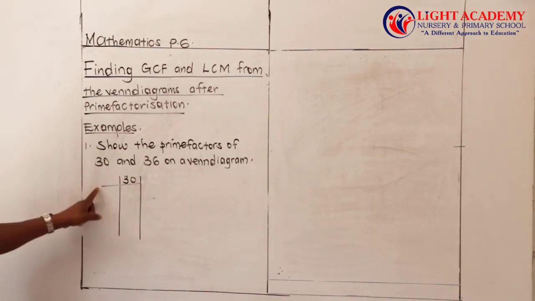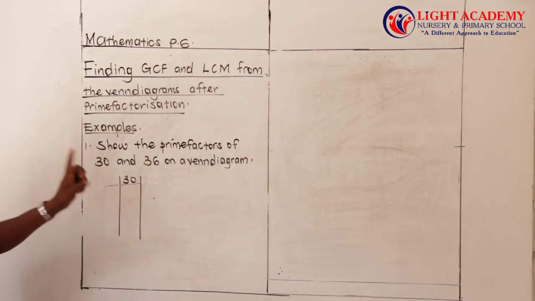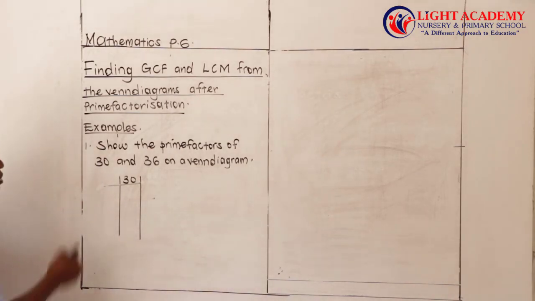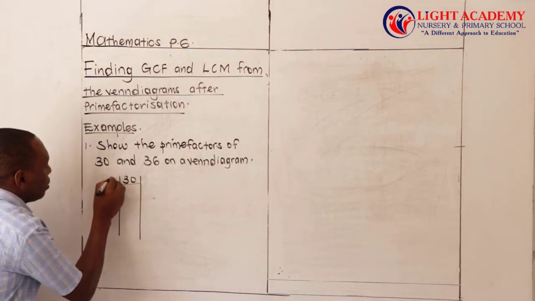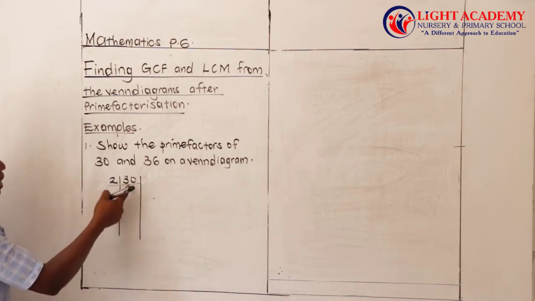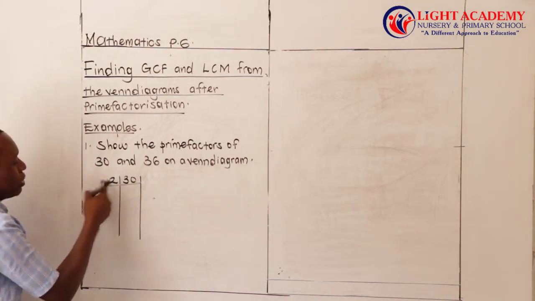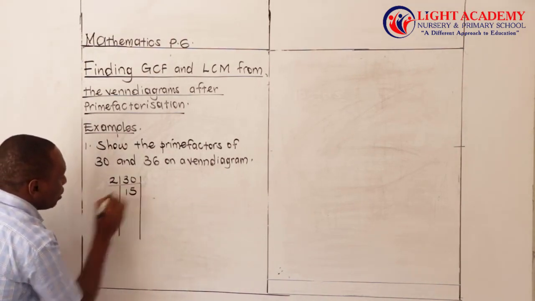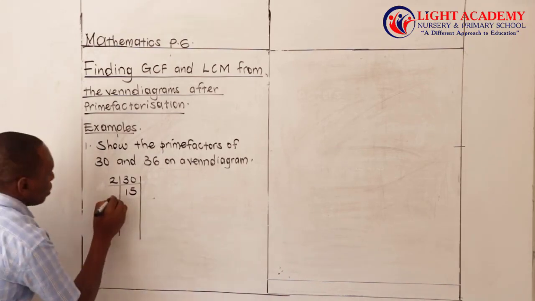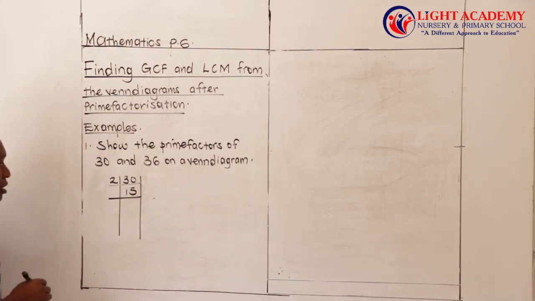So 30 is an even number. Out of the prime numbers, it can first be divided by 2. When I divide 30 by 2, the answer gotten is 15, right? This has brought me to the second step.